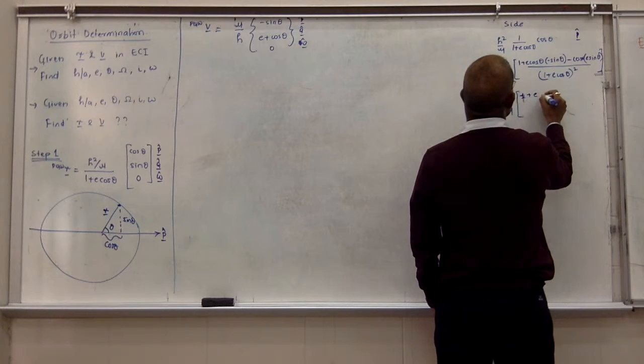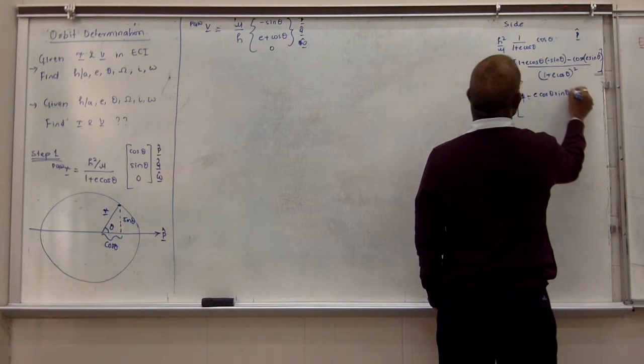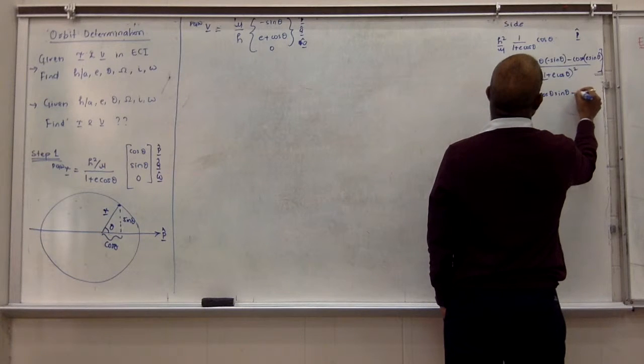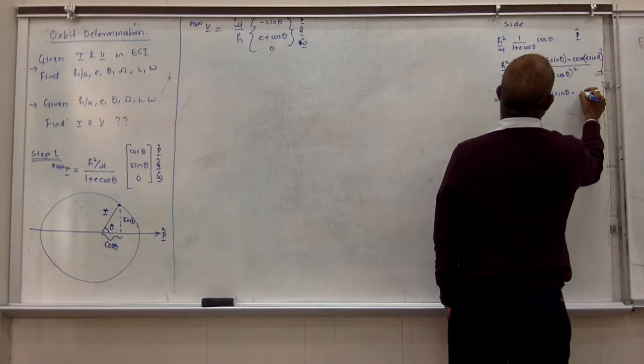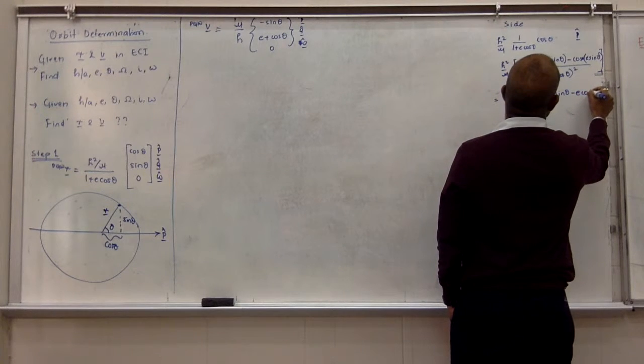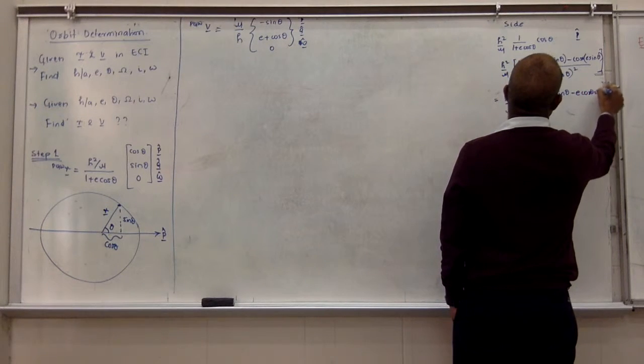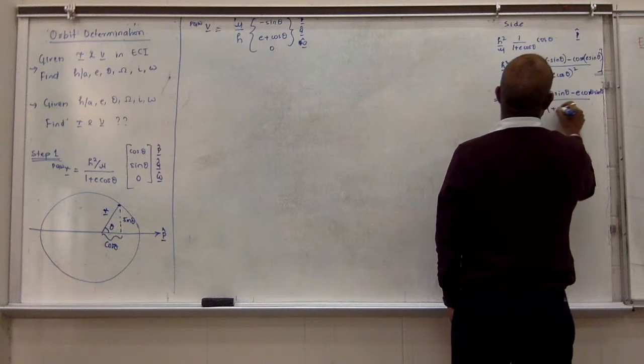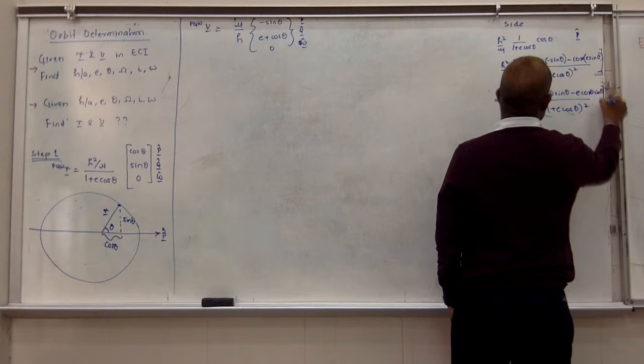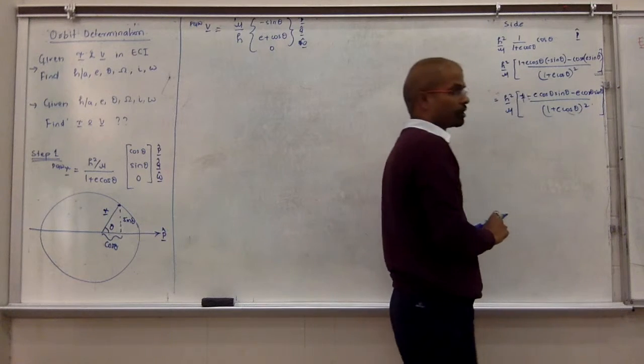It's low d high minus high d low over low squared. If you don't follow, ask or suggest.